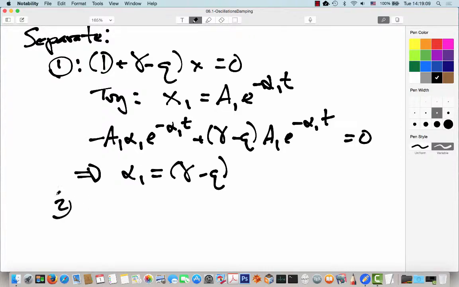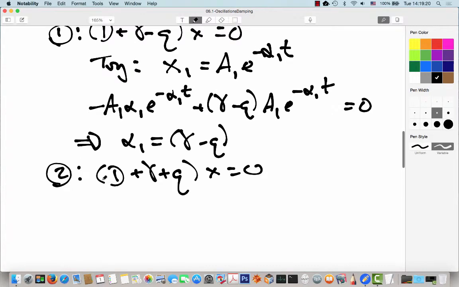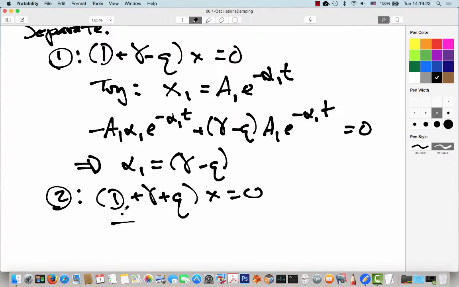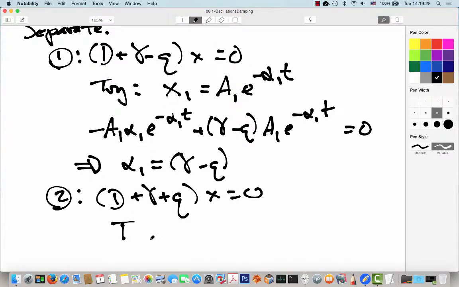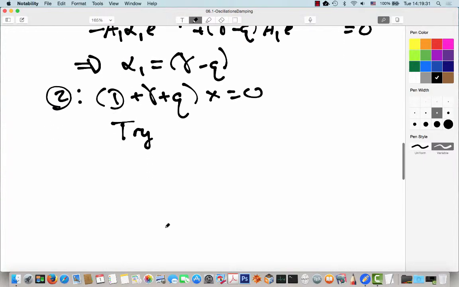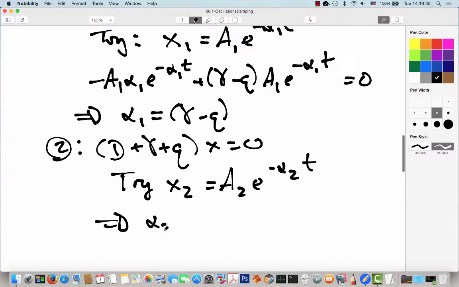Similarly, if we pull out the case of d plus gamma plus q, sorry about that, operating on x equals 0, we will try a trial solution x2 equals a2 e to the minus alpha 2 t, and it'll work too as long as alpha 2 is equal to gamma plus q.